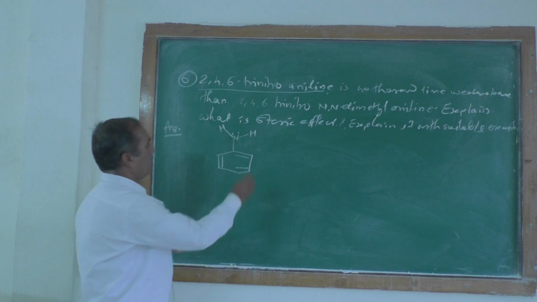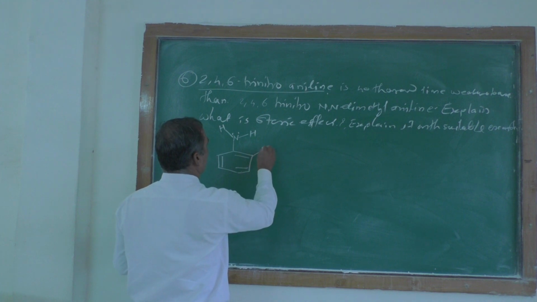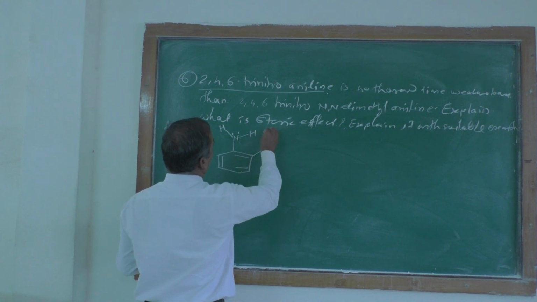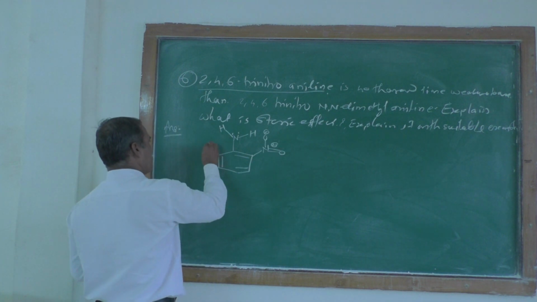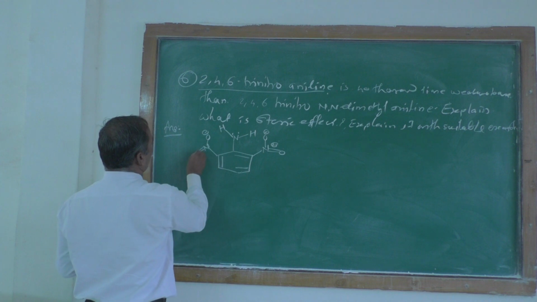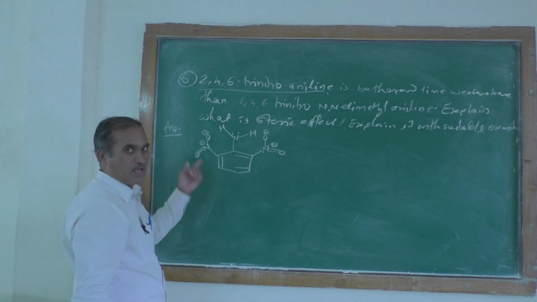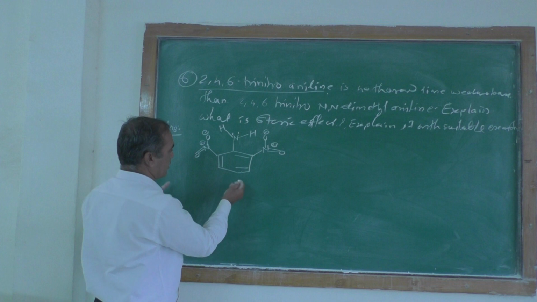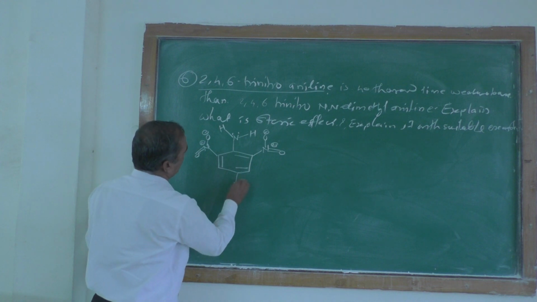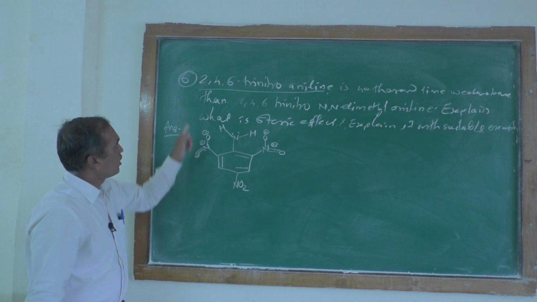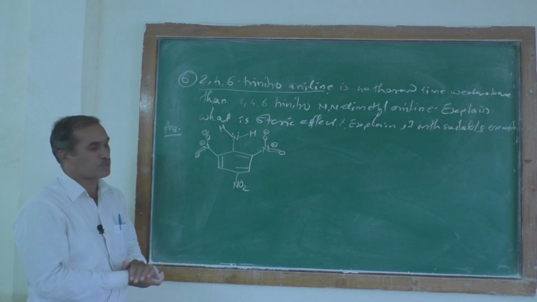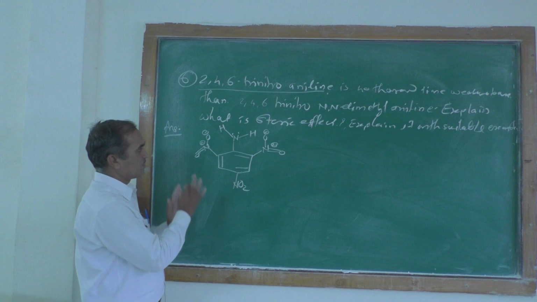Now at 2 position, for the sake of convenience, I am writing the structure this way: here is the nitro group, N with O minus, then double bond O, with positive charge on this nitrogen atom. Then again N with O minus, double bond O, positive charge on the nitrogen atom, and then the NO2 group present at this position. Now why 2,4,6-trinitroaniline? This is the IUPAC name of this compound.